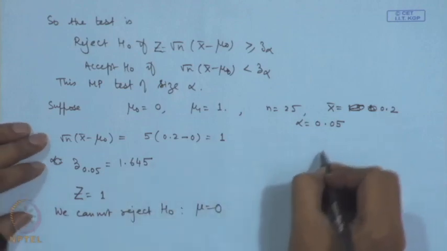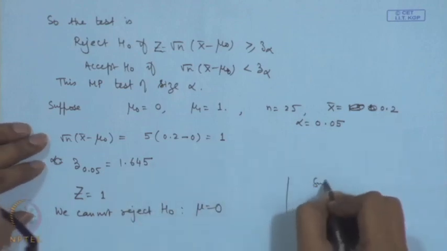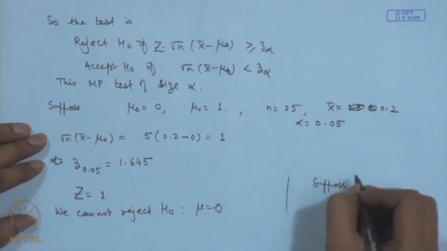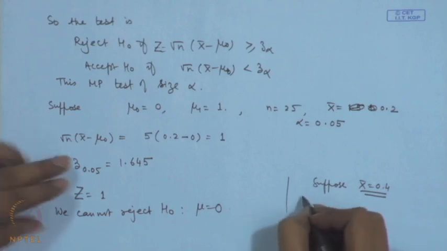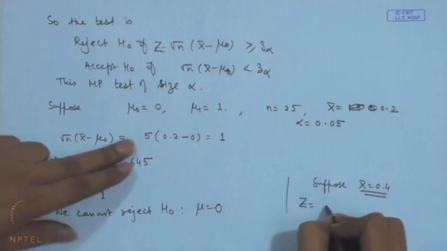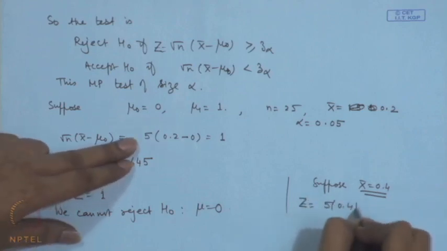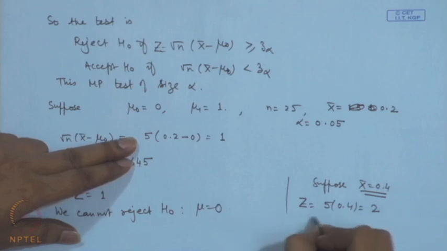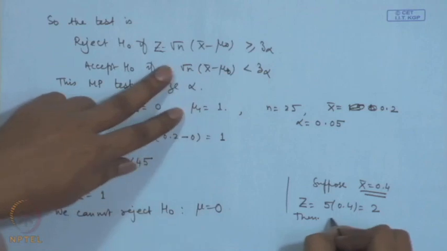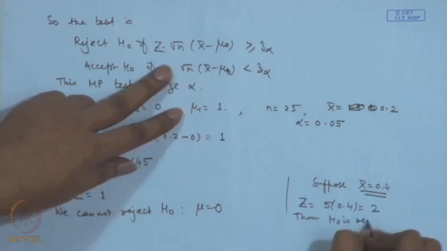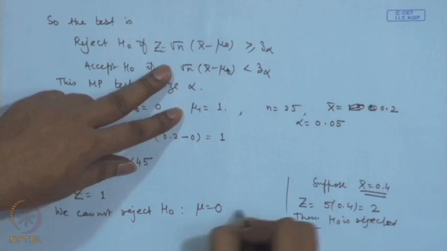On the other hand, suppose here I would have got say x bar is equal to 0.4. In that case, z value would be equal to 5 into 0.4, that is equal to 2. In that case, this value will be higher. So, then h naught is rejected at 5%.